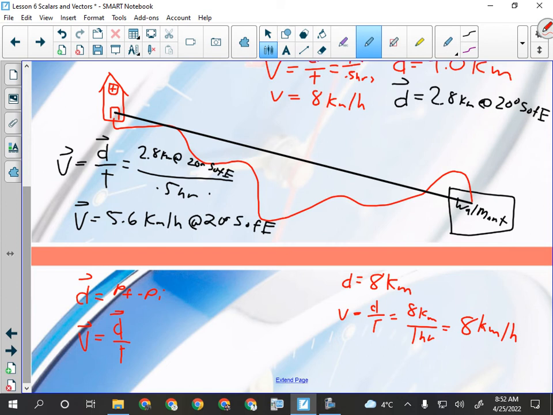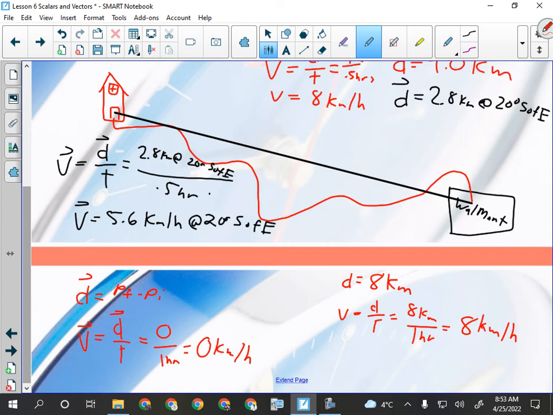An hour has passed and I'm back where I started. So my average velocity over the whole trip would be 0, because my displacement is 0 divided by 1 hour. It's still 0 kilometers per hour, and there would be no direction on that because I haven't gone anywhere.